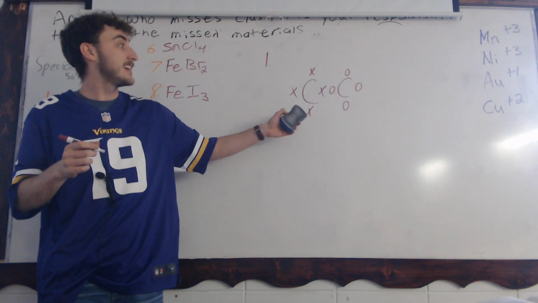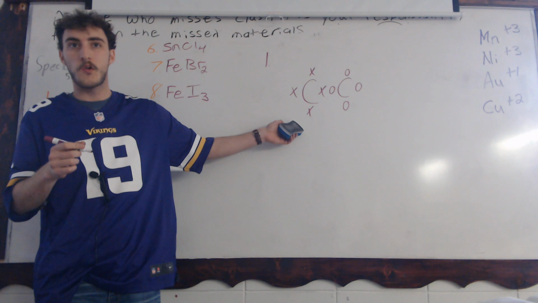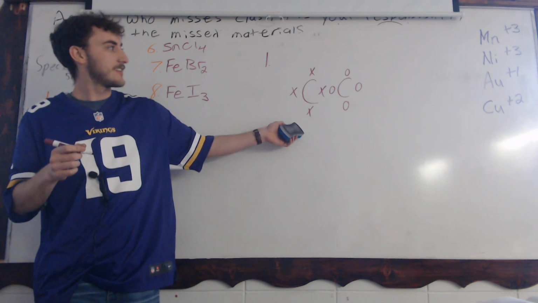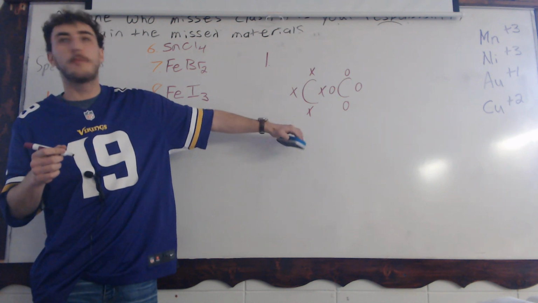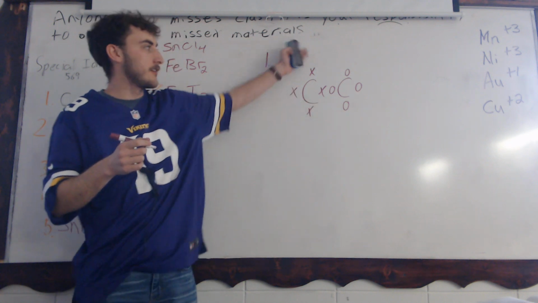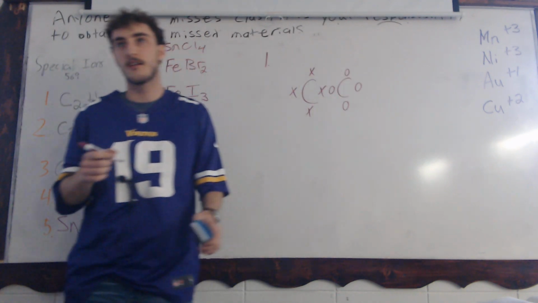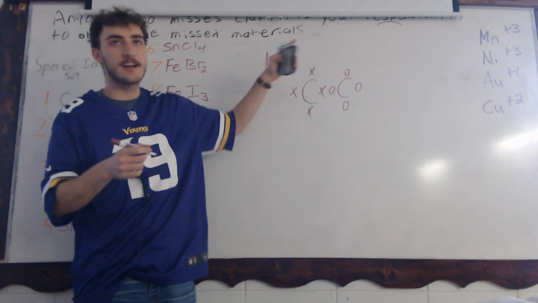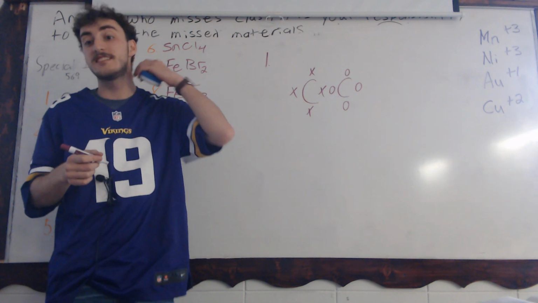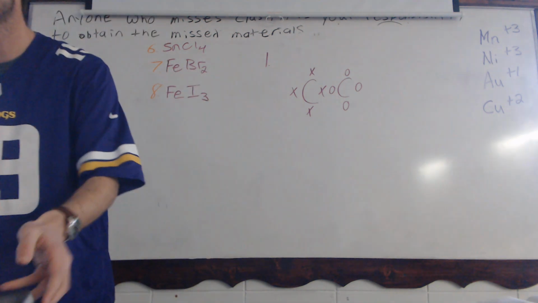Did everybody get this? One second, I'm going to erase. So, how many openings do we have for an extra electron? How many spots do we have to fit an extra electron in there? We have 6 spots. So how many hydrogens do we have?